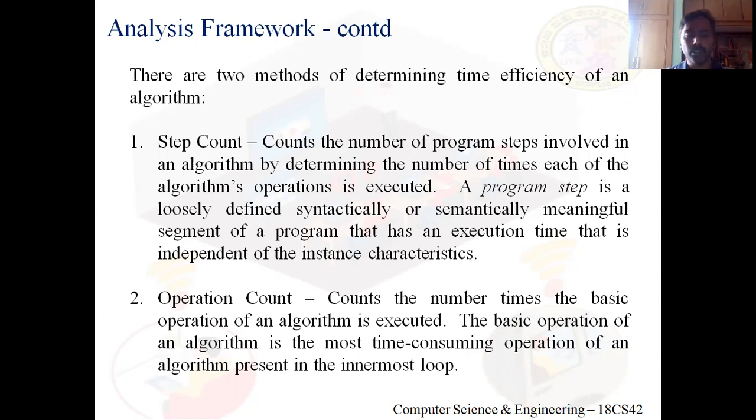What about operation count? Let me say we are dealing with arrays. In arrays the number of steps may vary, because in a program there are two things: a fixed part and a variable part. There are some statements which are going to exist a fixed number of times.